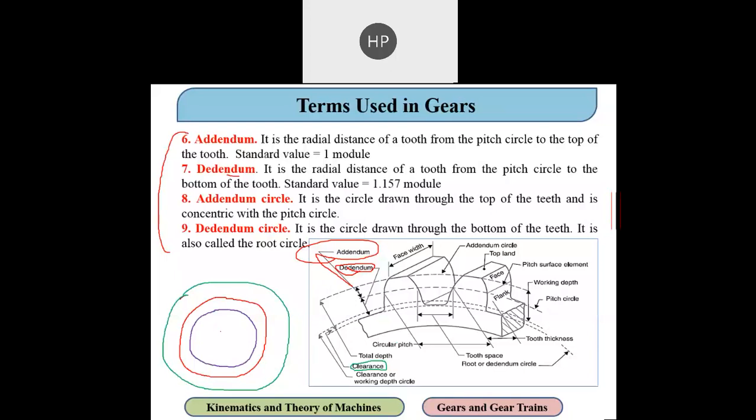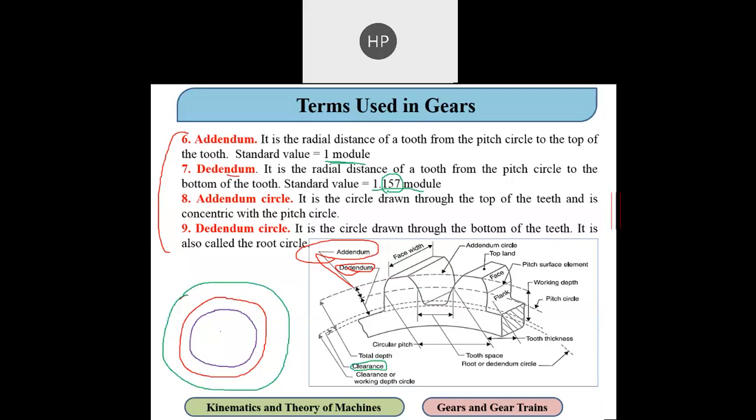Because, as we know, the standard value of the addendum is 1 module, while the standard value of the dedendum is 1.157 module. What a module is we will see, but you can see that the dedendum is slightly larger, 0.157 module larger than the addendum.